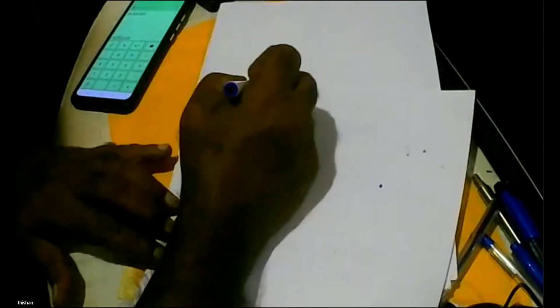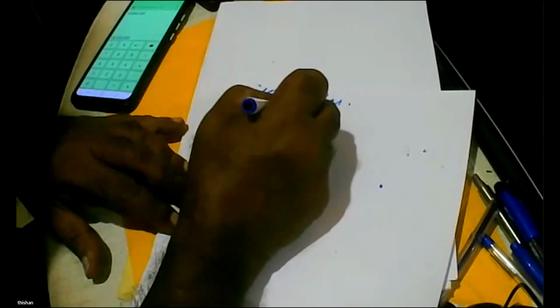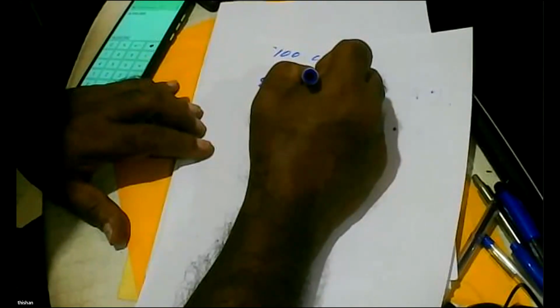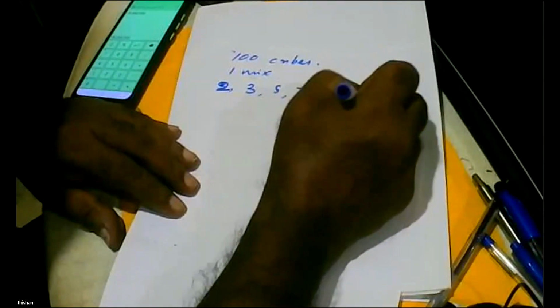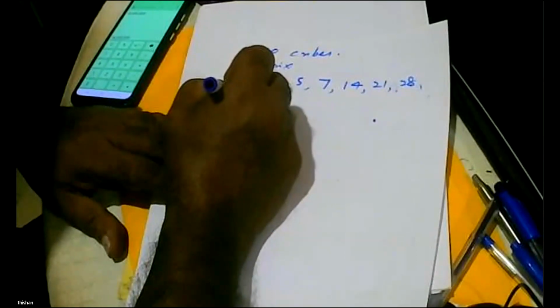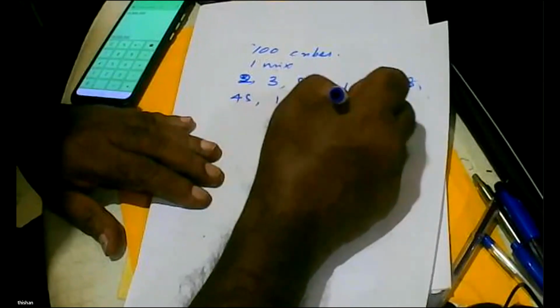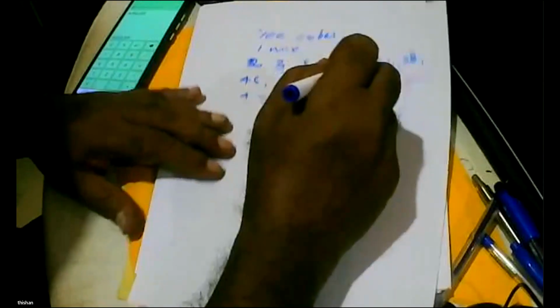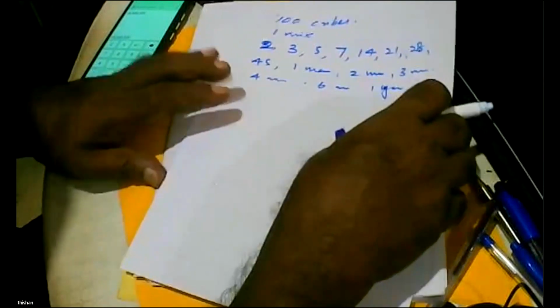You cast about 100 cubes from one mix, and then you test at 2 days, 3 days, 5 days, 7 days, 14 days, 21 days, 28 days, 45 days, 1 month, 2 months, 3 months, 4 months, 6 months, 1 year, 2 years, and so on.